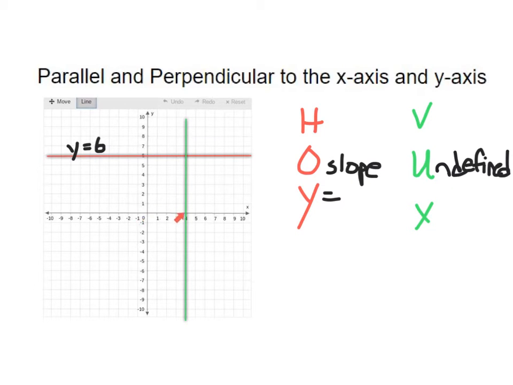So on this one, you go over to 4, and it's always 4. So on this equation, x is equal to something, and in this one, more specifically, x equals 4. All right. So that is the equation of a line that is perpendicular to the x-axis or parallel to the y-axis. All right, so let's use this with a couple of examples.